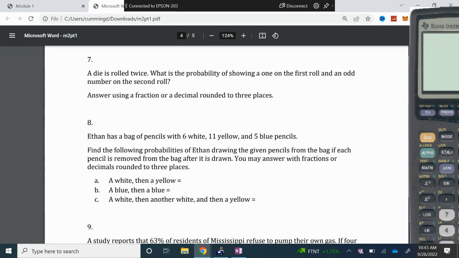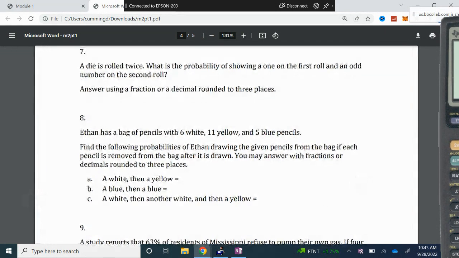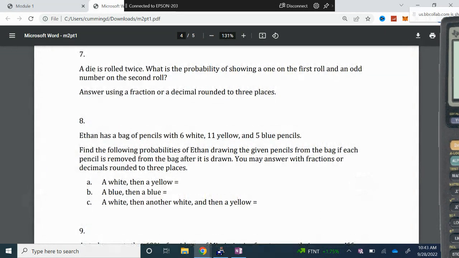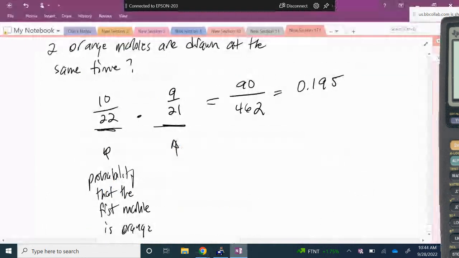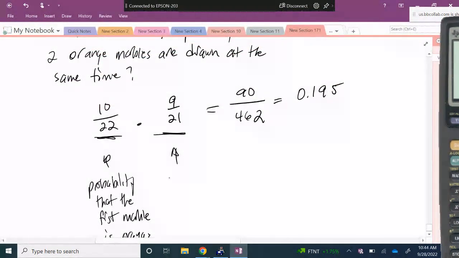You may answer fractions or decimals rounded to 3 places. So at this time, do number 7 and number 8, and then we're going to take a look at the solutions to those.